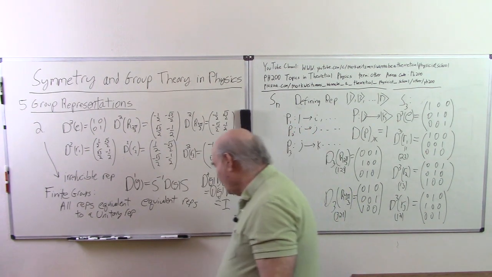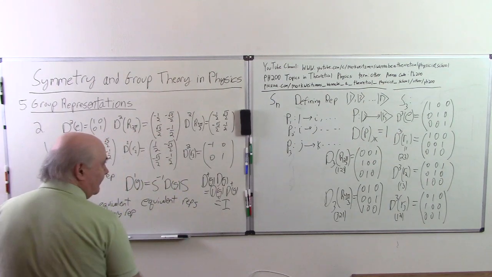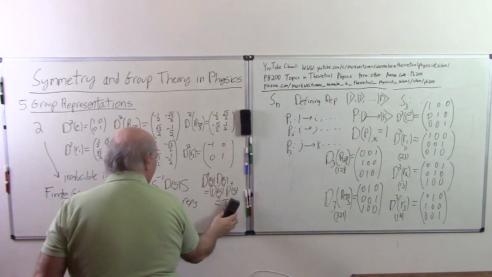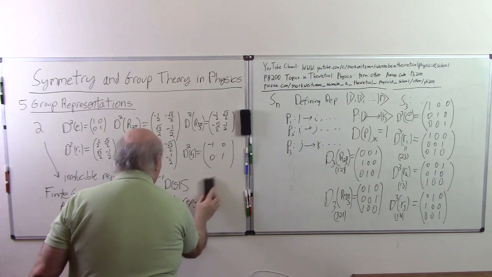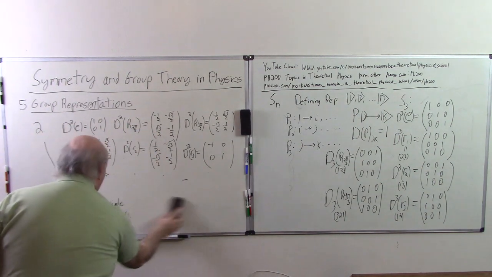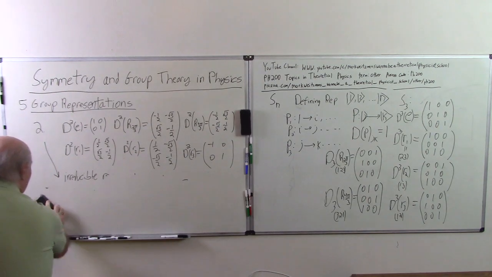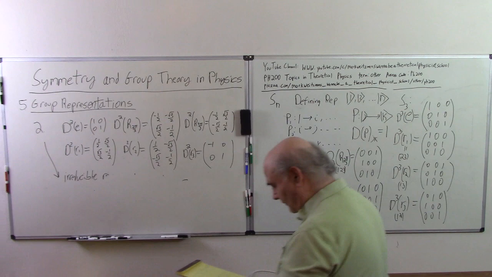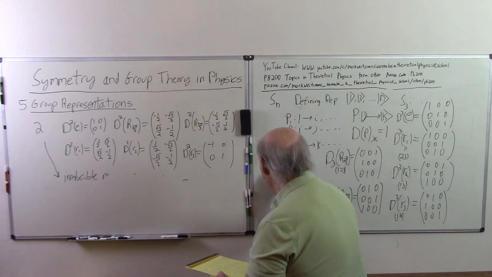Now, I just want to illustrate that this representation that I gave, the defining representation for the permutation group, is reducible. There's two ways to do this. One is the hard way.